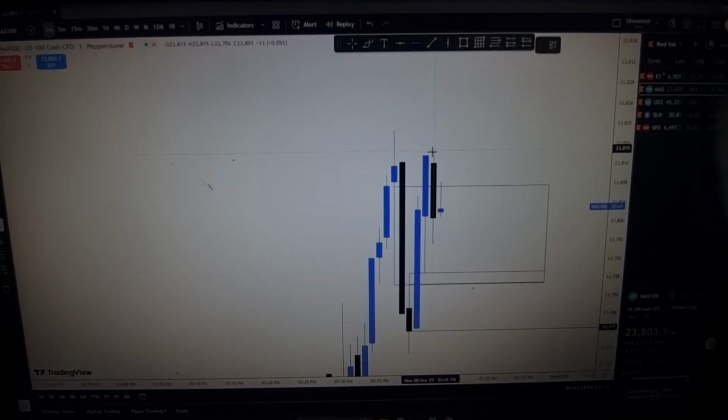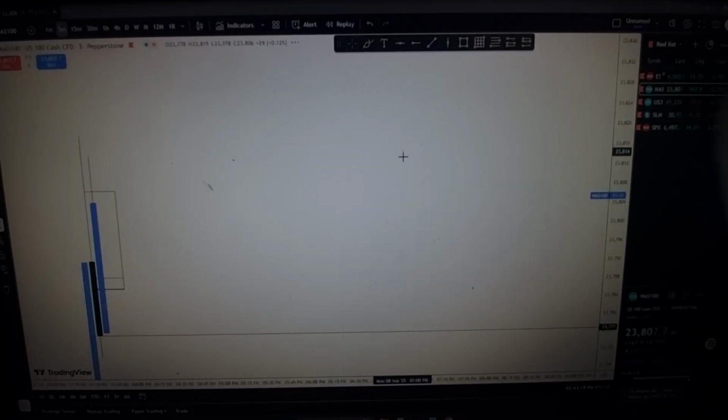Okay, so we also have this high that we can break above. See what the 5 minutes do.